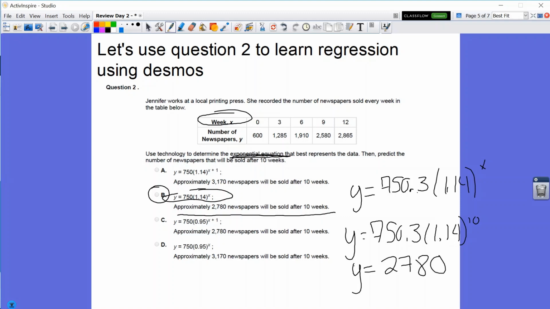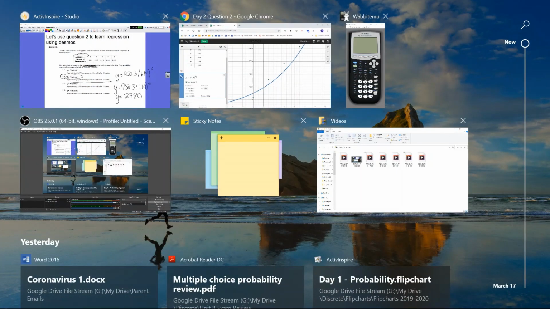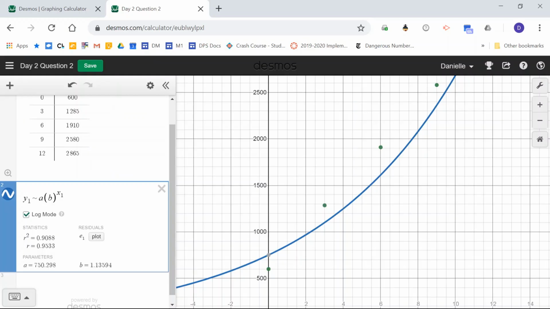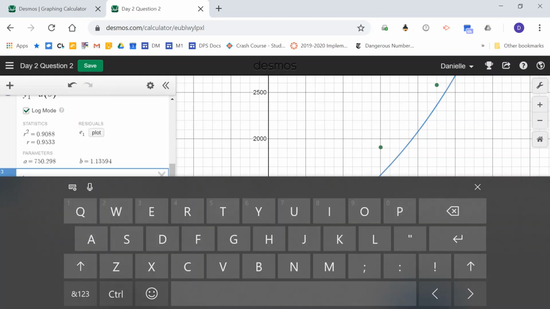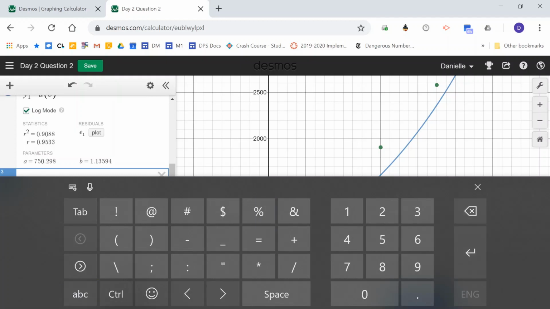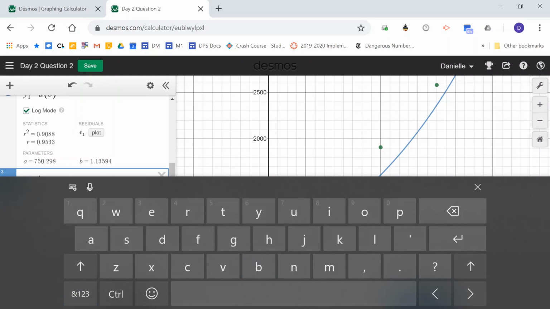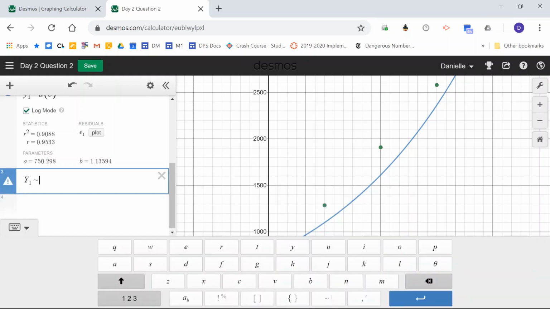All right. Last thing I want to show you guys for this question still is in Desmos, we talked about how to do exponential. If the question was asking you for linear regression, you can do the same thing. So you can do y1 and then the little tilde.